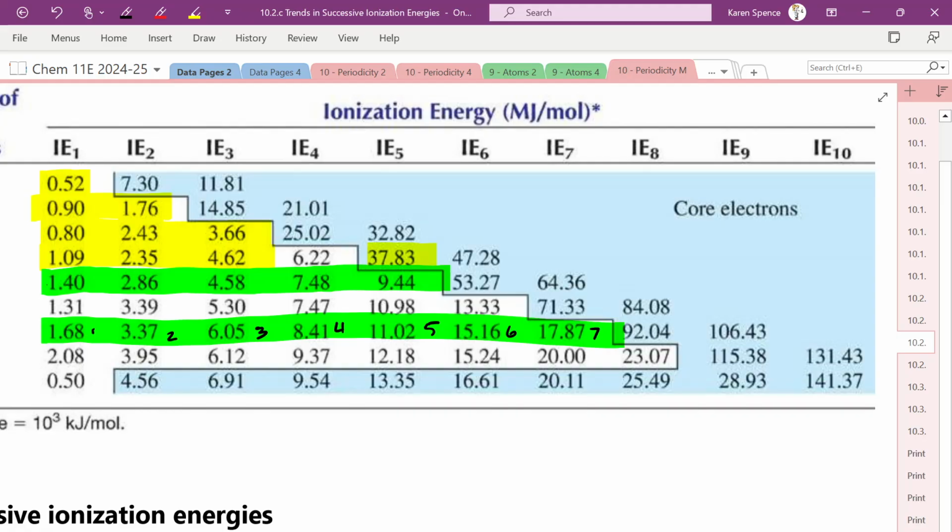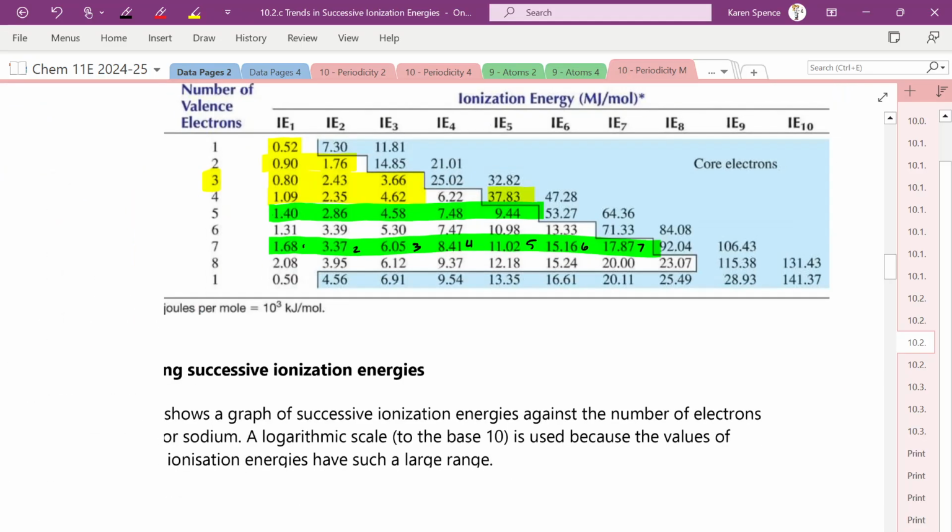So that must be who, if we're in the second period? What element is that if we're in the second period? Nitrogen. Nitrogen has 5 valence electrons, right? Group 15. Okay.